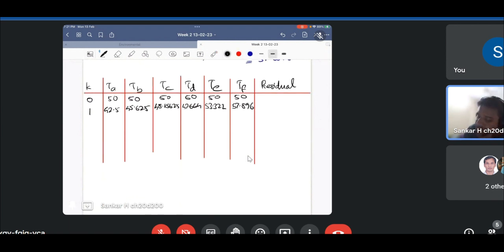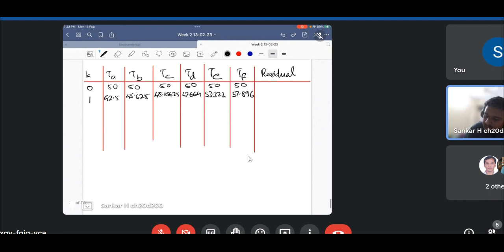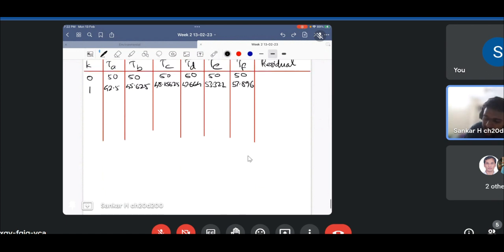Now, what is meant by residual? There are multiple ways to measure this residual. We put this equation into the form A times x. Suppose this is our xk matrix.